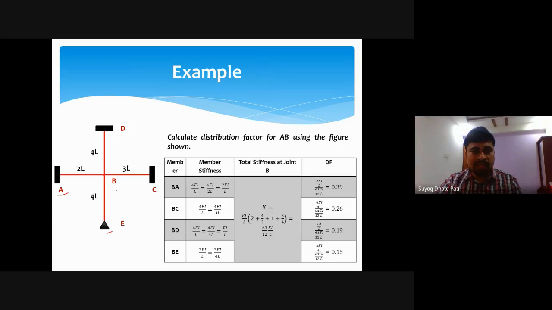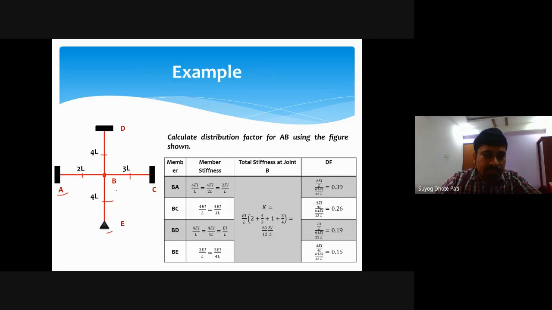Now we have to calculate, first of all, the joint stiffness for joint B. For joint B, we will consider the members. There are four members: BA, BD, BC, and BE.